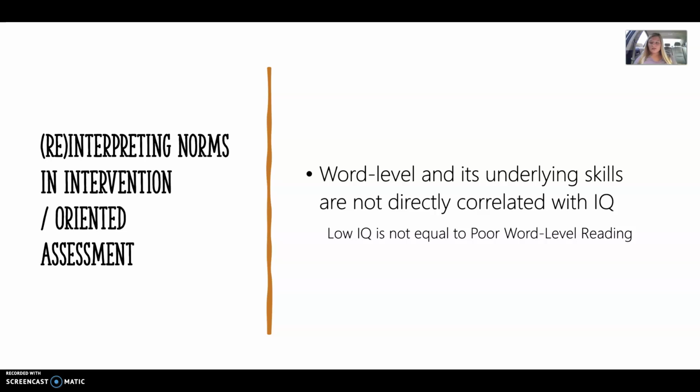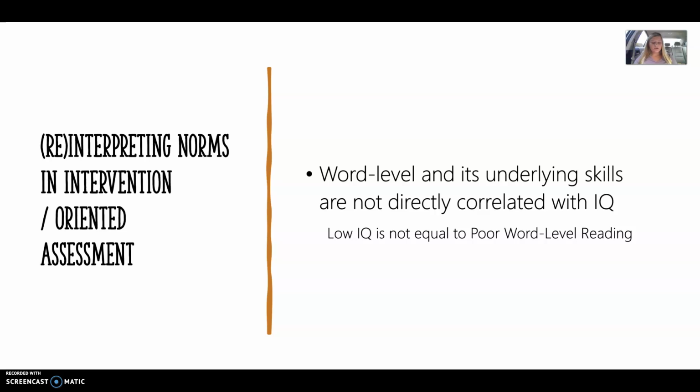Reinterpreting norms in intervention-oriented assessment. Word level reading and its underlying skills are not directly correlated with IQ. The next line says low IQ is not equal to poor word level reading. In the book, it says that word level reading skills are correctable, which I believe.